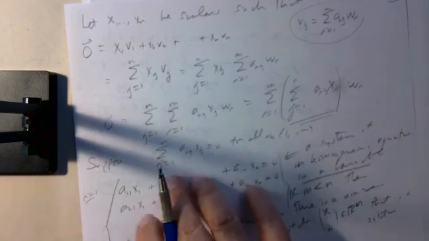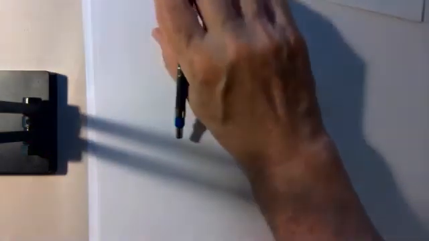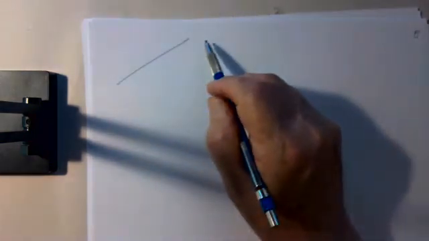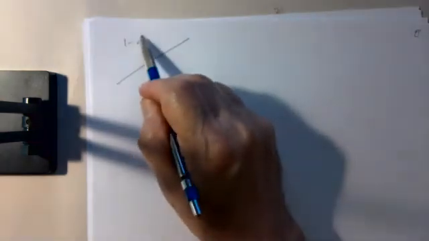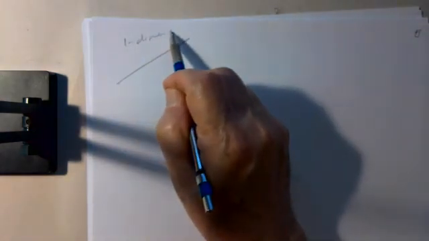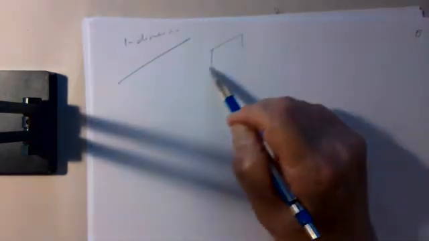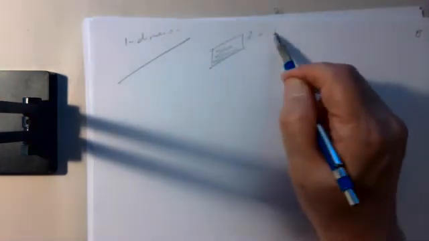Now, in geometry, we have this rough notion of dimension. So you think of a line as being one-dimensional. And you think of a plane as being two-dimensional.